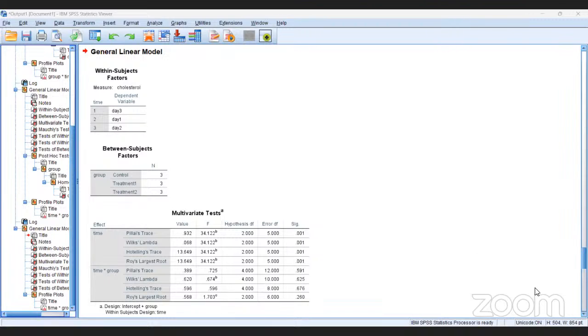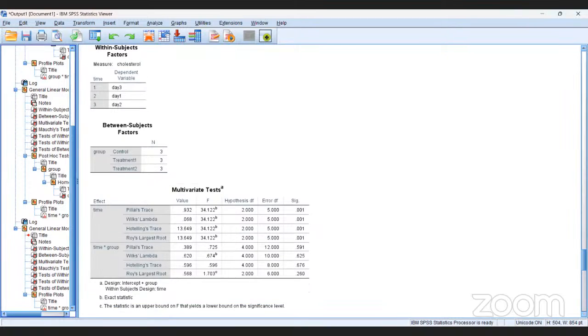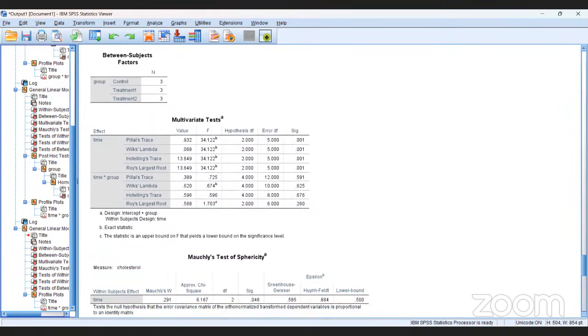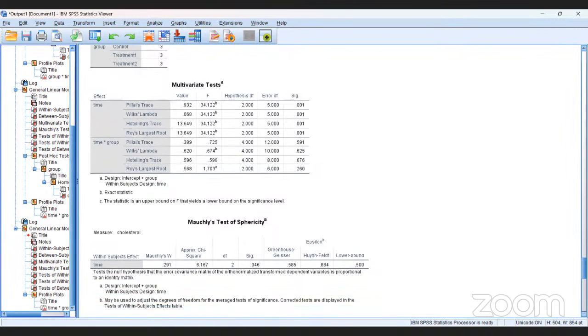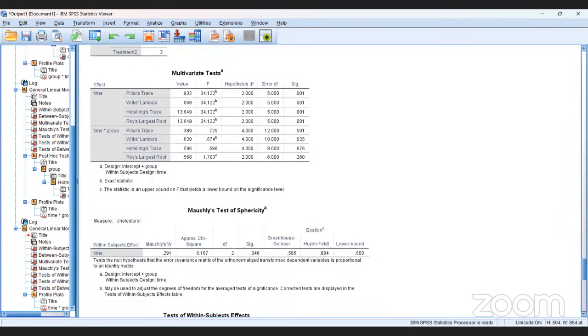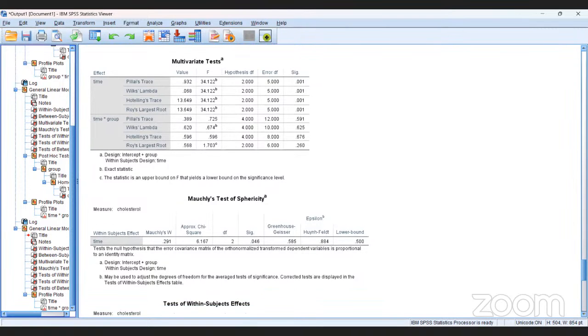Next, you will click test of sphericity, and again you have noted that it is significant at 0.05 level.